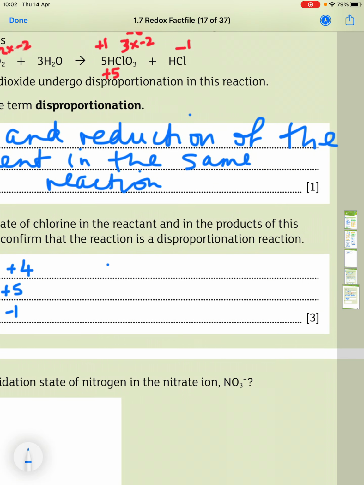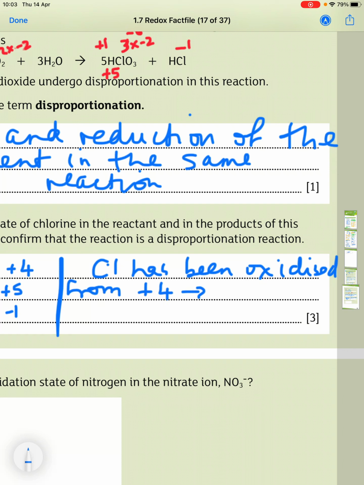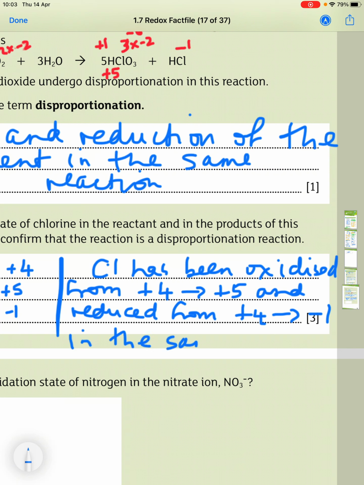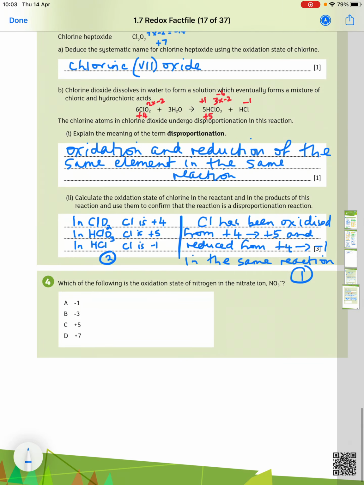And then your final mark here is for saying that chlorine has been oxidized from +4 to +5 and reduced from +4 to -1 in the same reaction. And that's going to get you your 3rd mark.